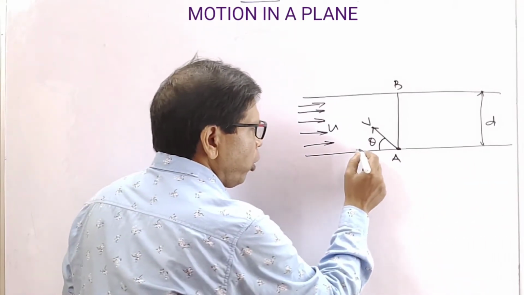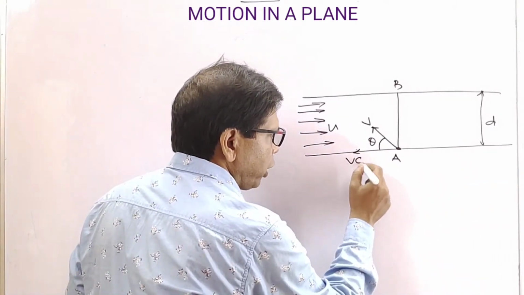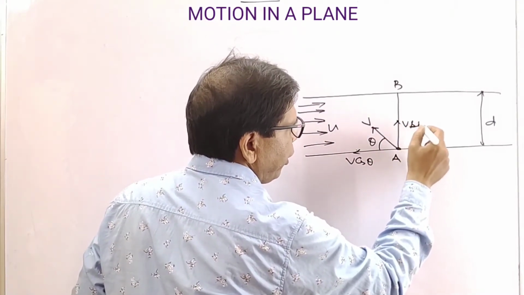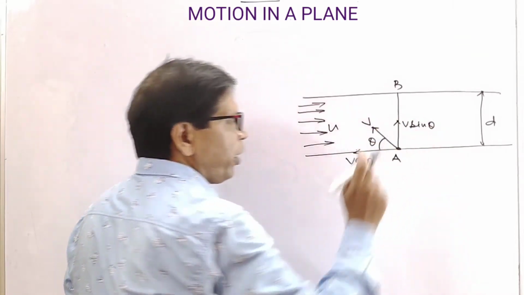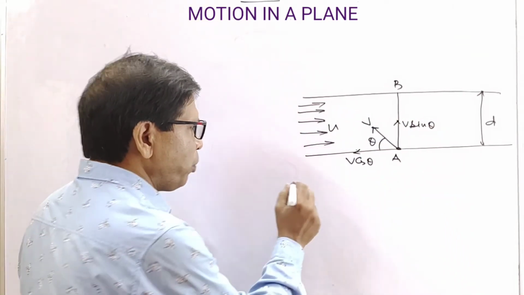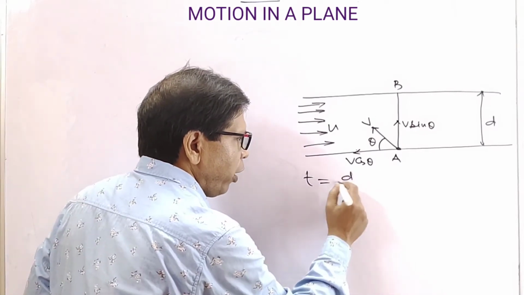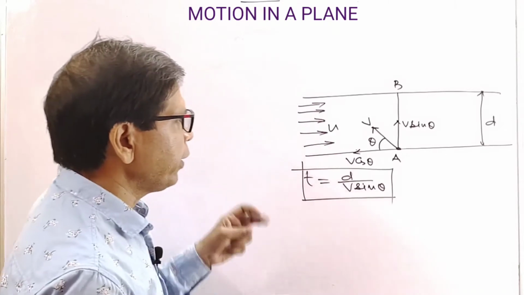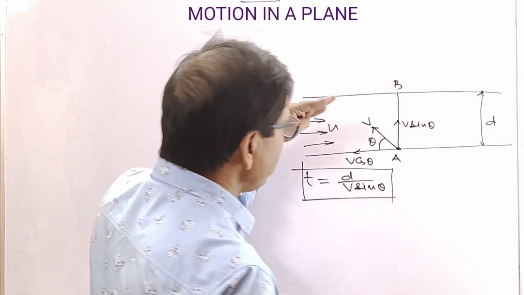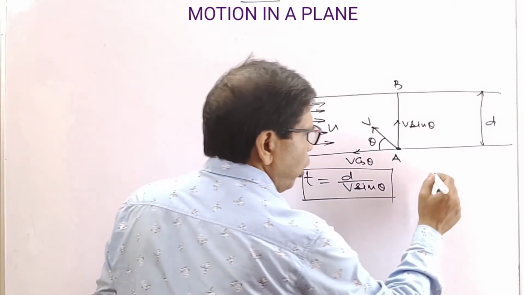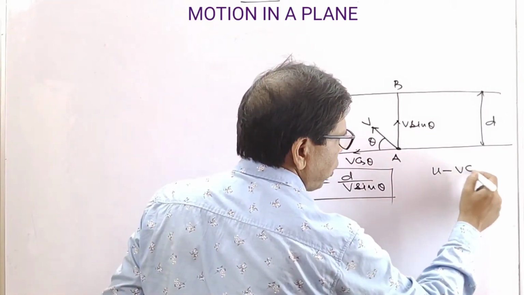Now the components of velocity v: along this direction it is v cos theta, and this is v sin theta. Look at this, this component helps the person to cross the river. So the time to cross the river is t equals d by v sin theta. The resultant velocity of the person in the direction of the stream is u minus v cos theta.